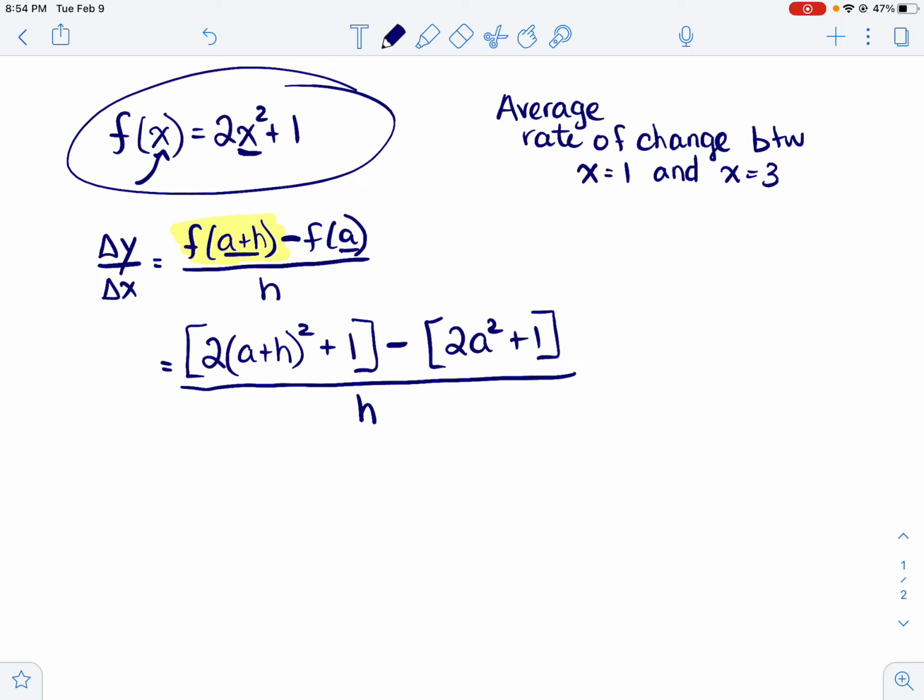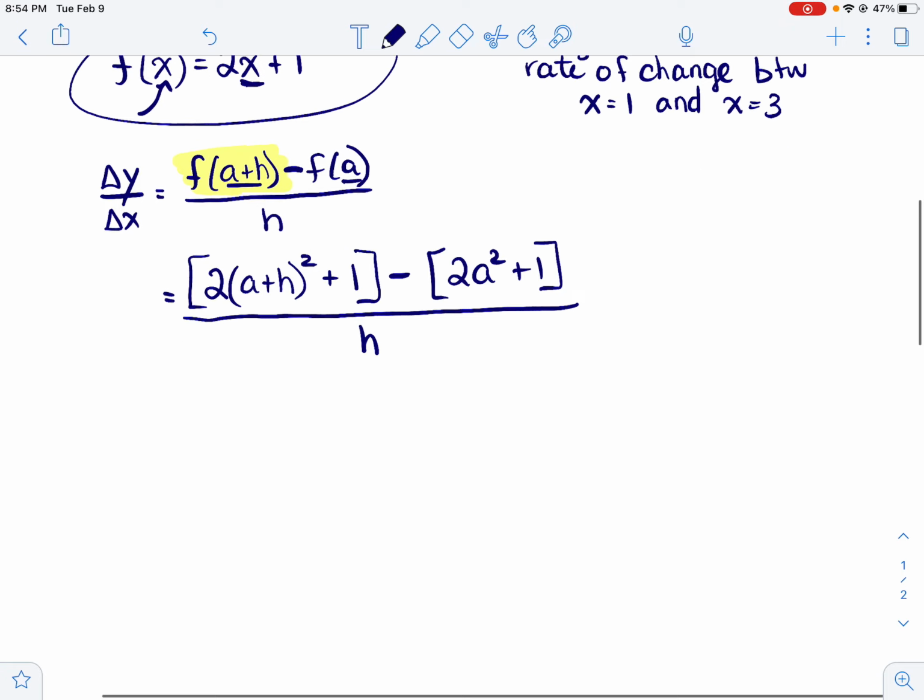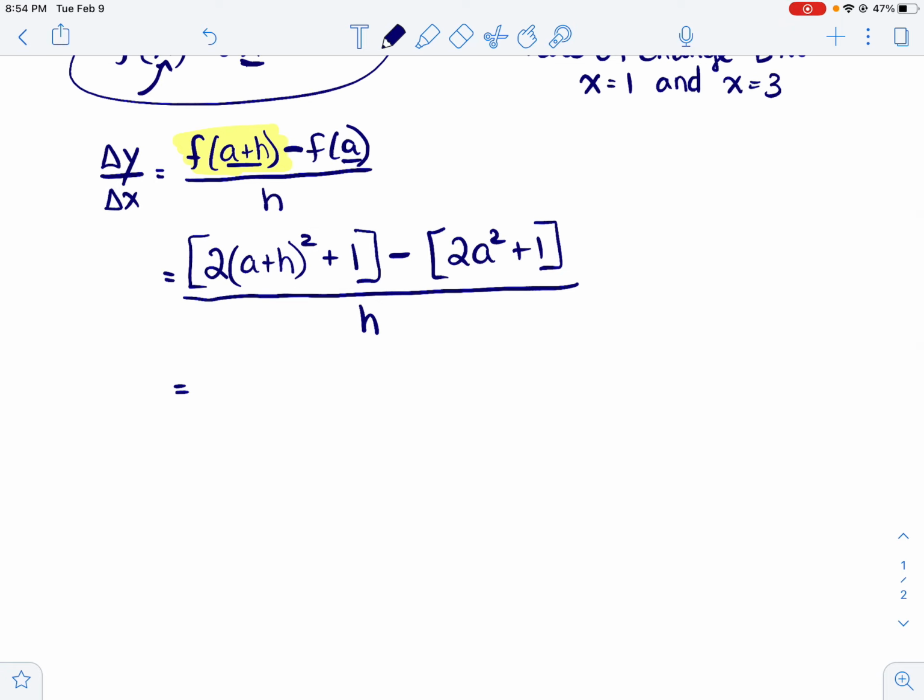And now your goal is to just simplify as much as possible. So I need to expand the brackets. So just a reminder that if you're expanding a plus h squared, that is a binomial. So a plus h times a plus h, you're multiplying binomials. So you're multiplying a times a, a times h, h times a, h times h.